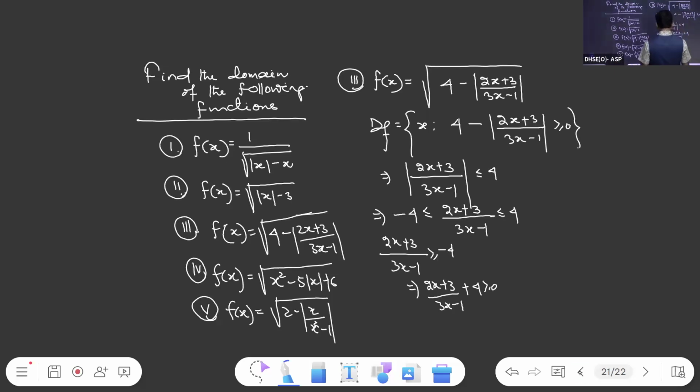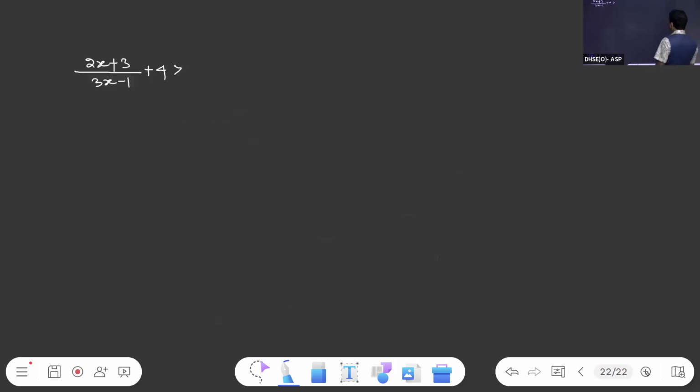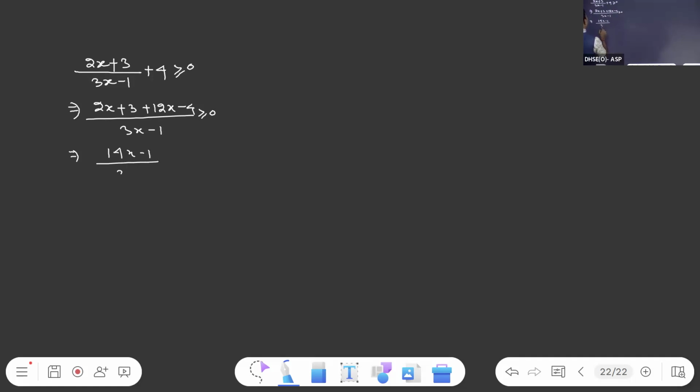(2x+3)/(3x−1) + 4 ≥ 0. This implies (2x+3+12x−4)/(3x−1) ≥ 0, so (14x−1)/(3x−1) ≥ 0.